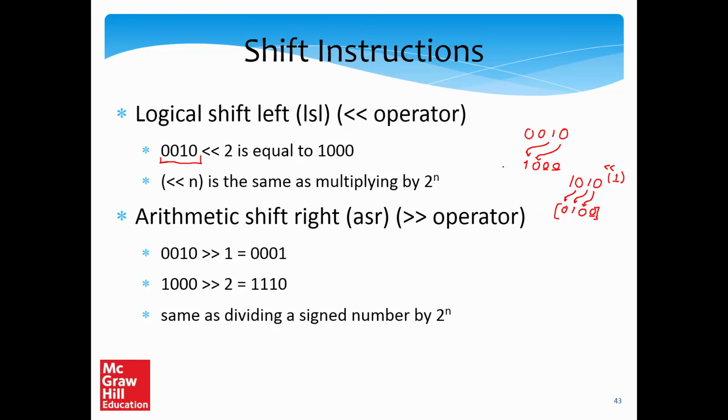There are many arguments, so maybe let's start with a couple of examples. Let's take a look at this example. This number is 2 in decimal and this number is 8 in decimal. So what we are essentially doing is that we have left shifted it by 2 positions, which is equivalent to multiplying this number by 2 squared.